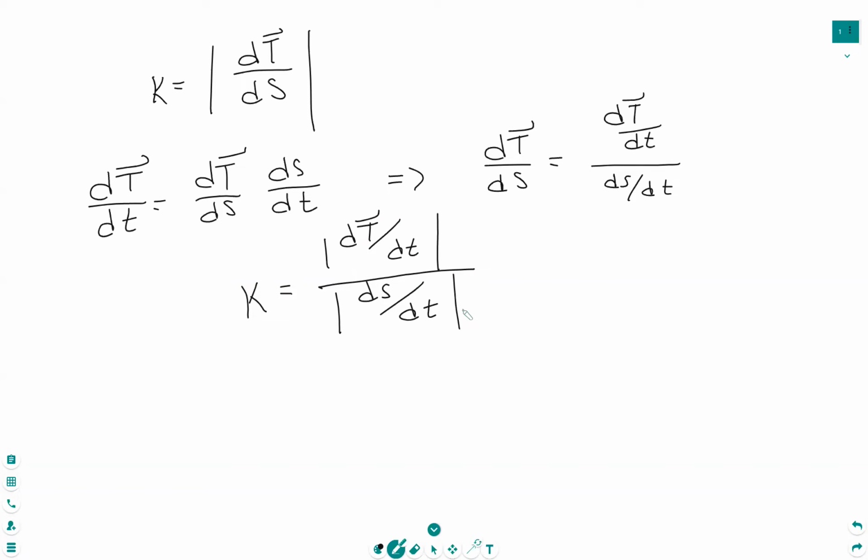And that's where we left off from last time. So I want to look at this denominator for a second. This is the absolute value of this property ds dt. Well, what is ds dt?